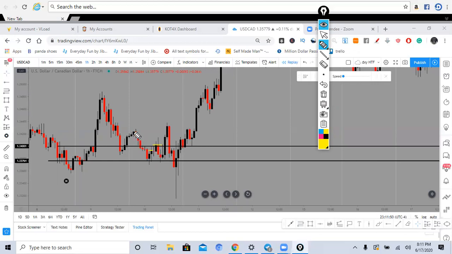Break some structure there, touch some structure there. And then we pull all the way back down, run the stops on this, run the stops on this, accumulate those sell stops of people who want to be breakout sellers, and buy it from them. And then we take the market the other way, right?